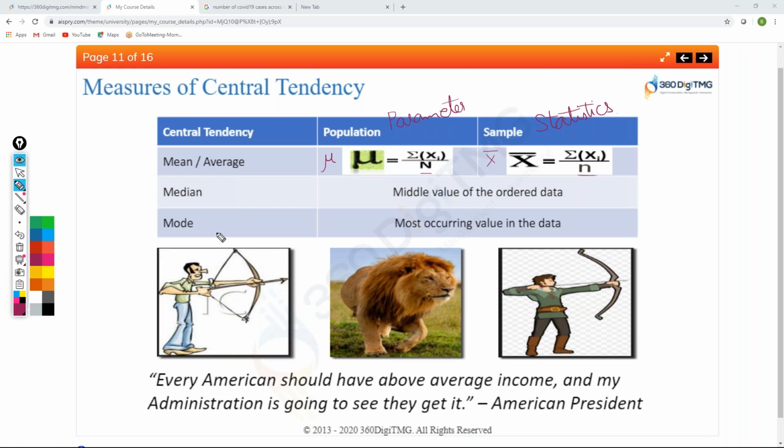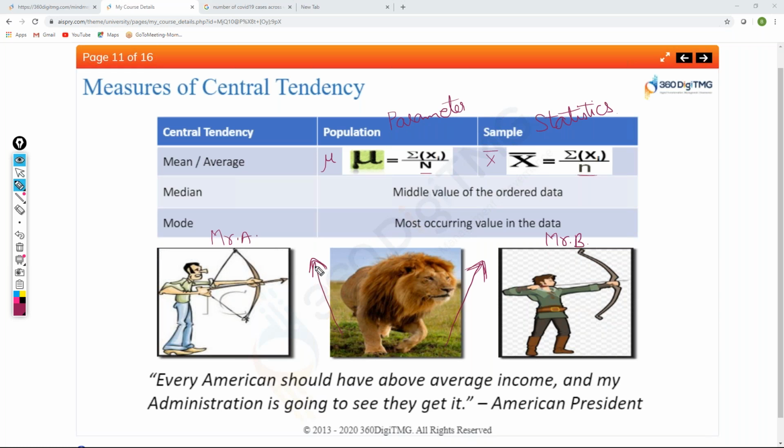Mr. A aims at the lion and releases the arrow, which misses the lion from the left side. And Mr. B aims at the lion and releases the arrow, and it misses the lion from the right side.